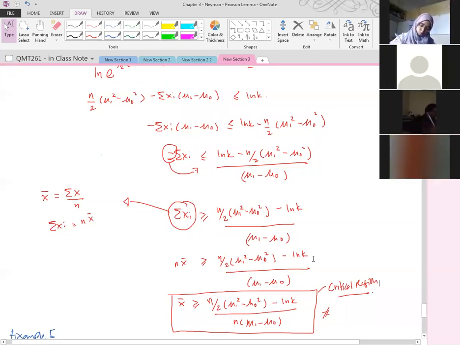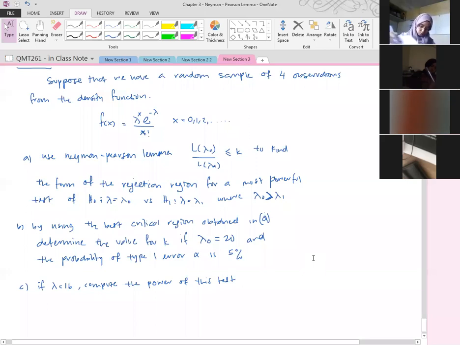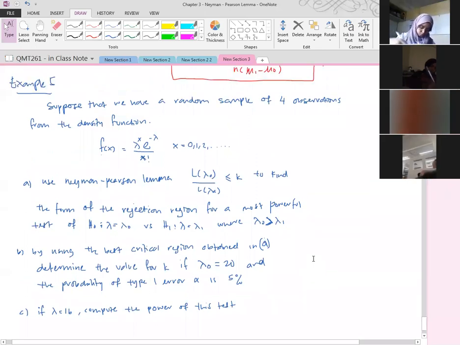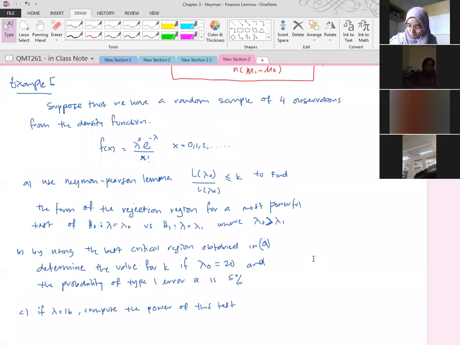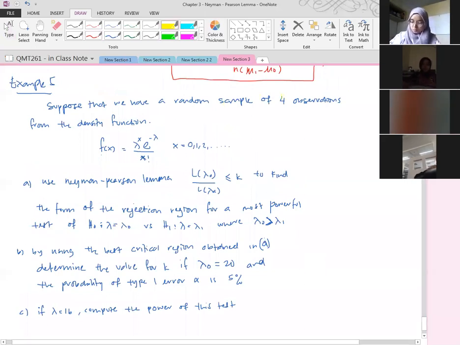Now look at example number 5, which is the last example for this lecture. Suppose that we have a random sample of 4 observations, which is n equal to 4, and the density function is lambda power of x exponential negative lambda divided by x factorial for x from 0 to n.